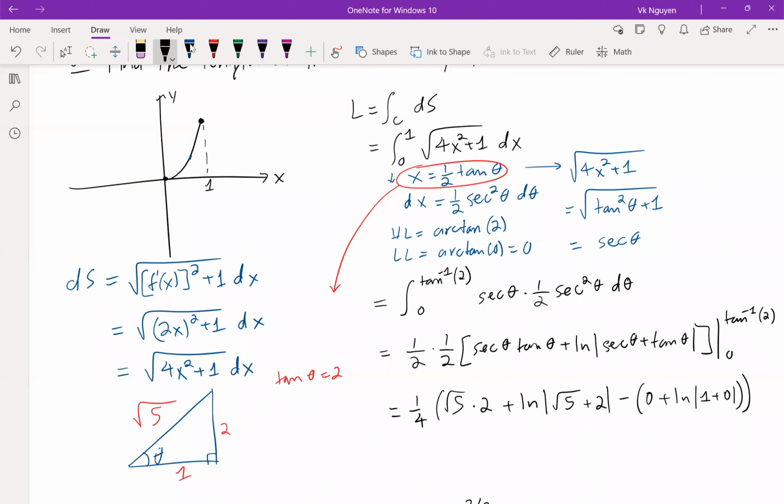And then from here, ln 1 is just 0. And so to simplify this, we have 1/4 times 2 root 5 plus ln 2 plus root 5. Pretty slick.